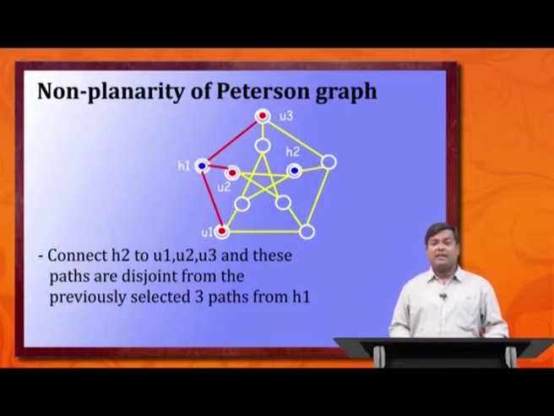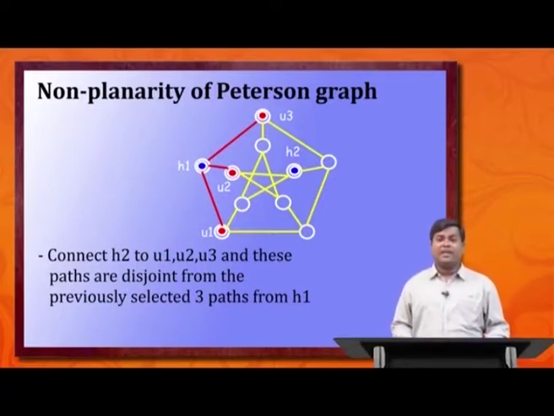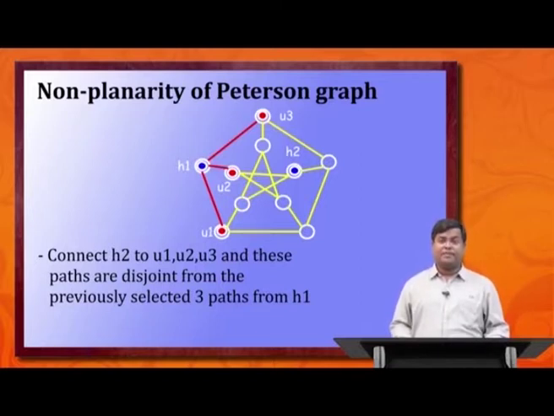We have marked another vertex H2 which comes in the same group as H1, and since H2 should have edges to U1, U2 and U3, we need to find the paths from H2 to U1, U2 and U3. But while doing so, we need to remember that we should not consider the edges or paths which we have already considered in the previous slide.